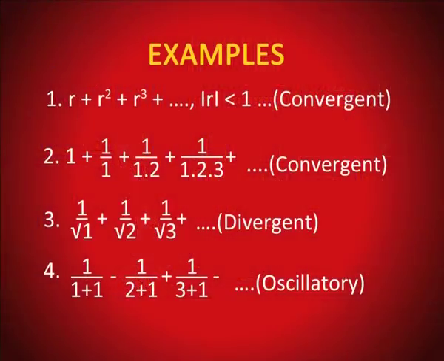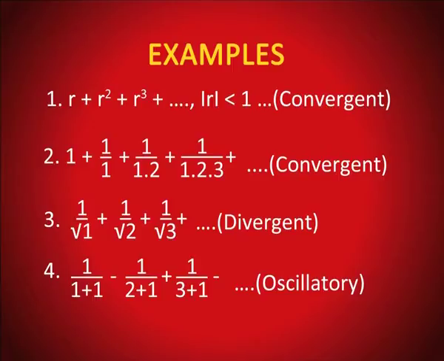Now, I give examples of various types of series. The first one is r plus r square plus r cube and so on, where r is less than 1. It is a convergent series as it is a geometric progression with r less than 1. The second one is also a convergent series, in which we have 1 plus 1 upon 1 plus 1 upon 1 into 2 plus 1 upon 1 into 2 into 3 and so on.